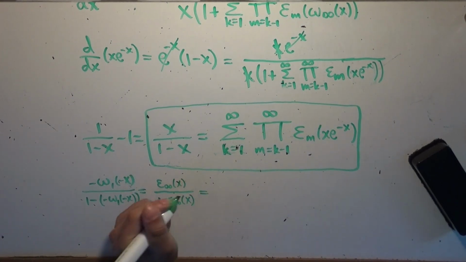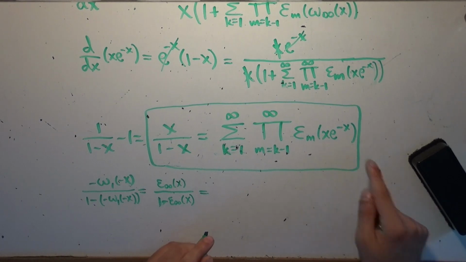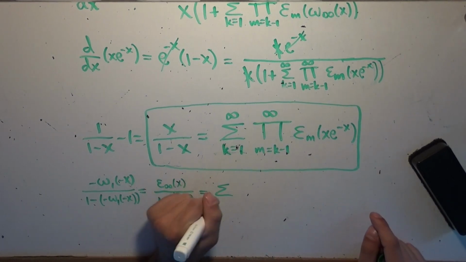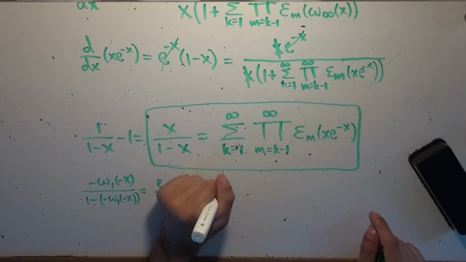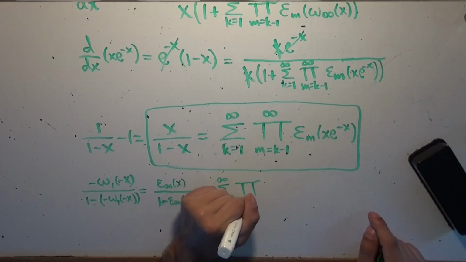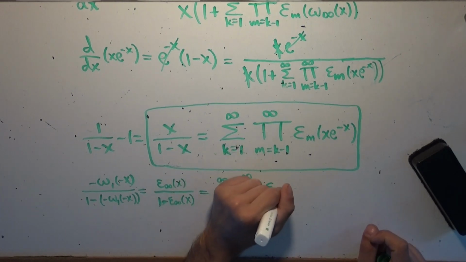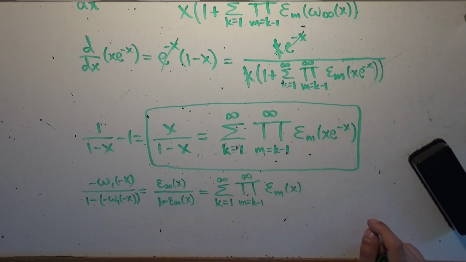But we'll, of course, end up with this beautiful expression because omega infinity and epsilon infinity cancel, and we just get the sum from k equals 1 to infinity of the product from m equals k minus 1 to infinity of epsilon m of x, which is just stunning, just beautiful.